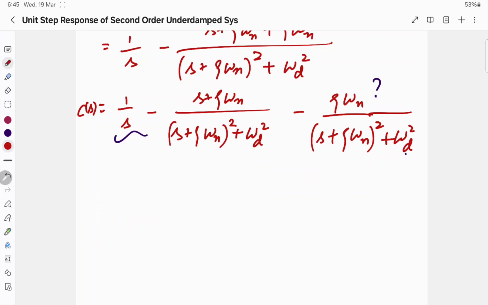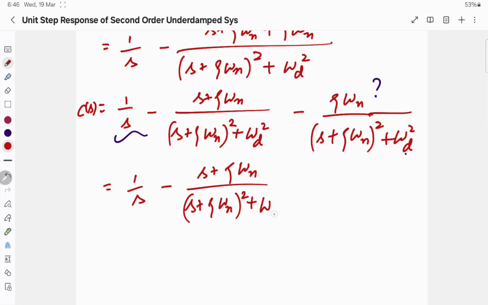Right. So it is 1 by s minus (s plus zeta omega n) over (s plus zeta omega n) square plus omega d square, minus. So in the numerator it should be an omega d term. So you bring a term omega d in the numerator, divide it by omega d. We have zeta omega n, bring omega d, divide by omega d.